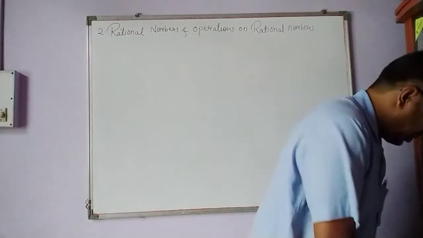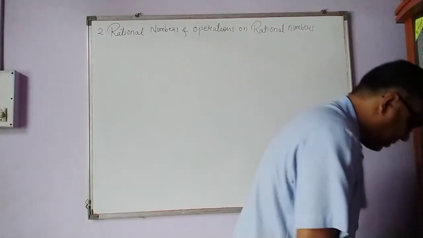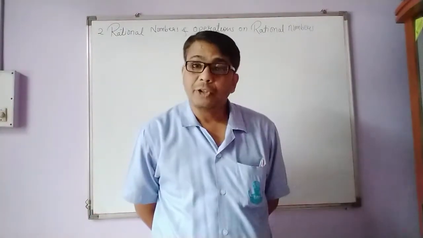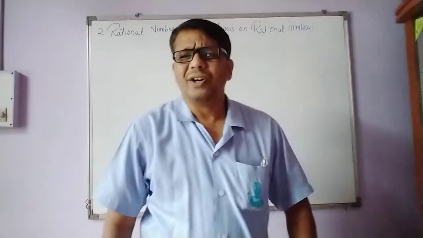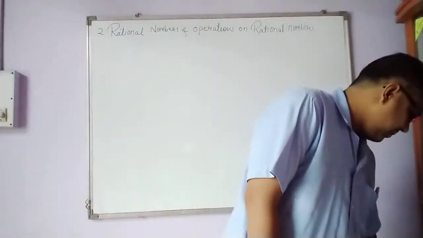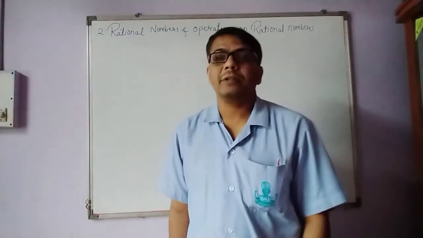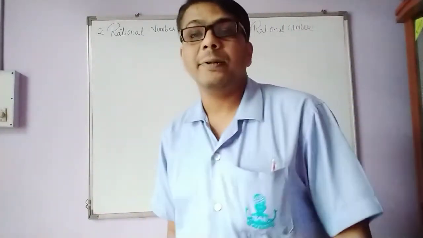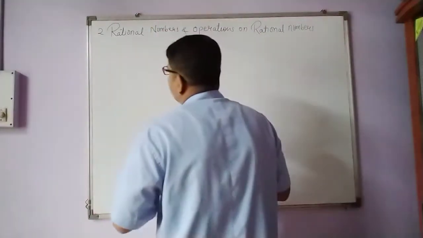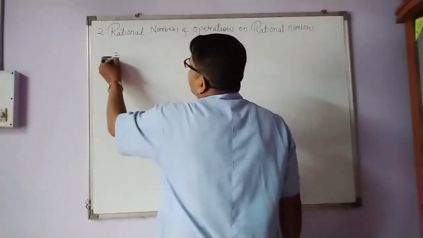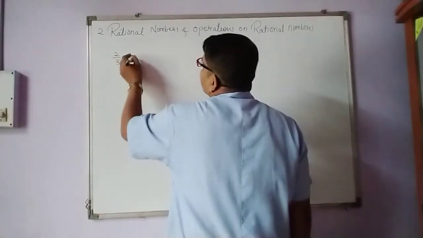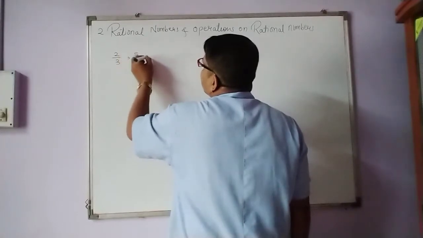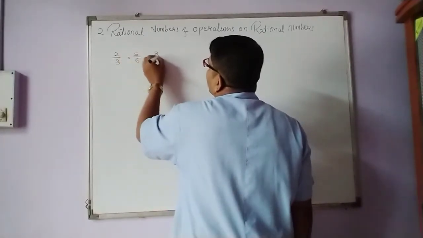Then if the denominator is greater than the numerator by 1, 2 or 3, or they have got equal difference, then the one with the greater numerator is the greater. For example, 2 upon 3, 5 upon 6, 8 upon 9.